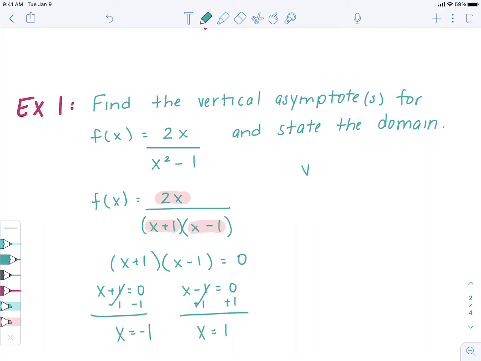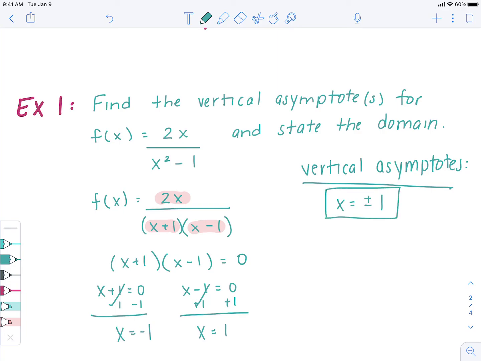So my vertical asymptotes are at x equals negative 1 and x equals 1. So my vertical asymptotes, x equals positive or negative 1.